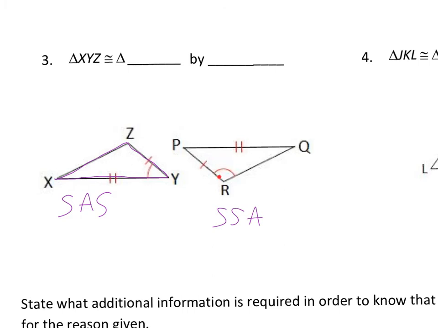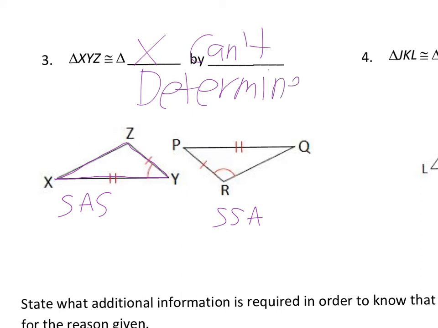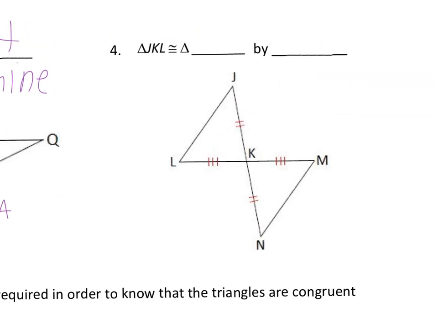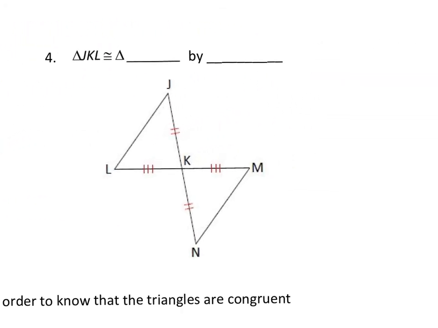Side, side, angle. We don't have the same sort of relationship of congruency. As such, we cannot determine. Because this does not fit with either our side angle side or our side, side, side. So we move on to number 4.